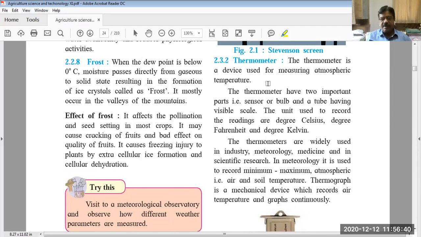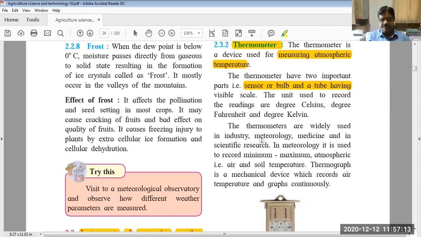Now come to another thermometer. We know there is a clinical thermometer we use to record our body temperature. In the same way, this thermometer is used to measure atmospheric temperature. There are sensors or bulbs with scales that can be read from outside.